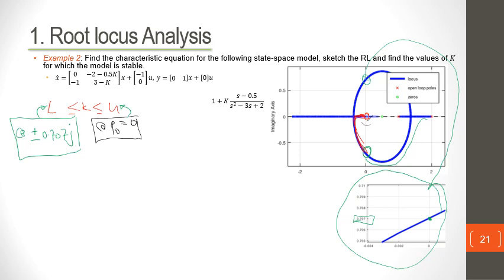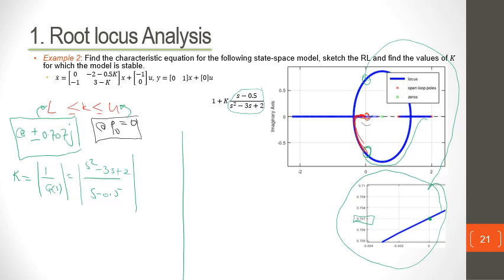So to calculate the upper limit of k, we know that k will be equal to the magnitude of 1 over G(s), which is the magnitude of (s squared minus 3s plus 2) over (s minus 0.5).